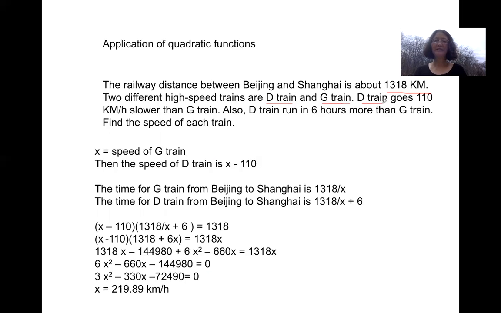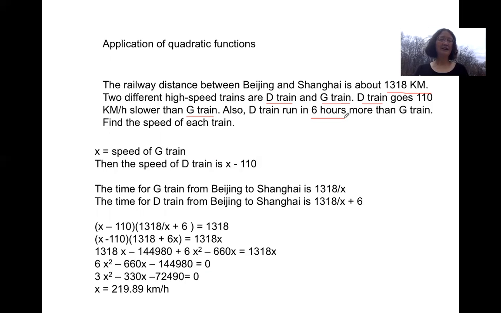The D train goes 110 km per hour slower than the G train. Also, the D train ran 6 hours more than the G train. Find the speed of each train.